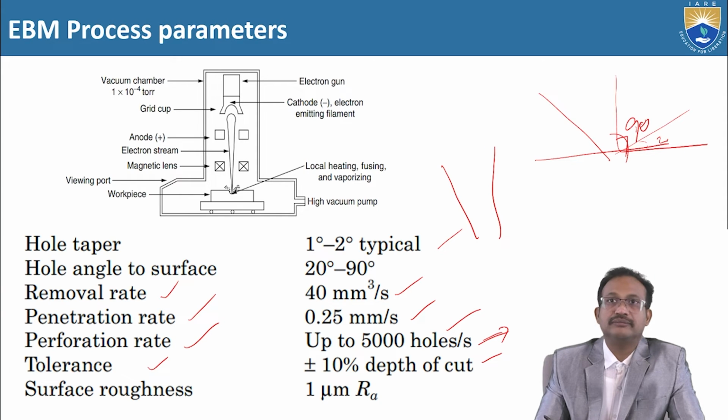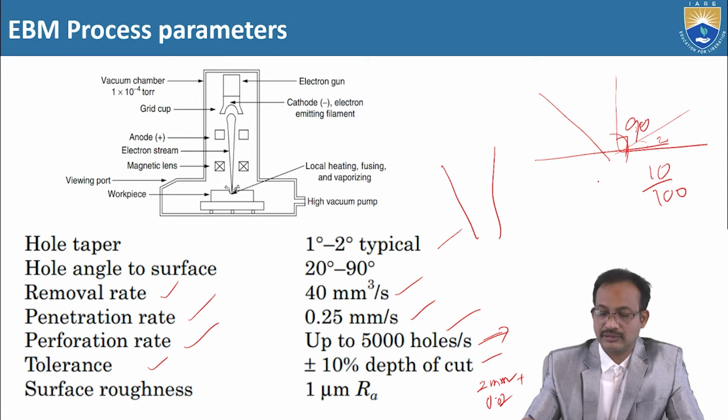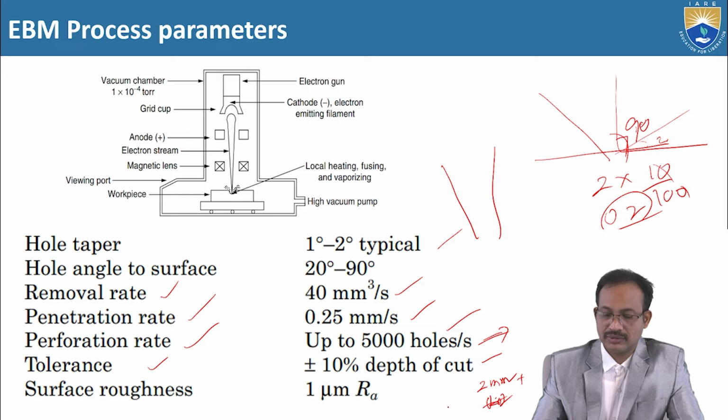So if we want to cut with a 2 mm depth of cut, 10% means 10 by 100 into 2 mm, so 0.2 mm can increase or decrease, plus or minus, as the tolerance.